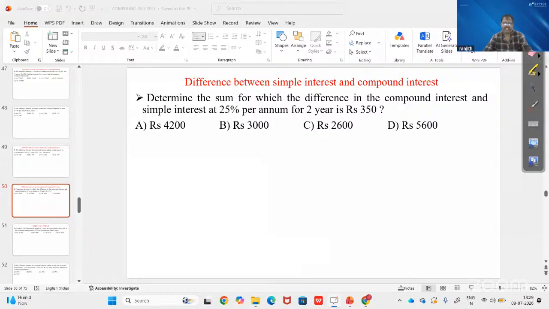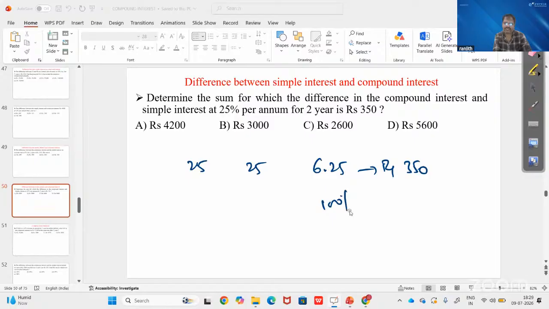Determine the sum for which the difference between compound interest and simple interest at 25% per annum for 2 years is 350. 25 percent is 25 and 25. So what is the difference? 6.25. 6.25 equals 350 rupees.